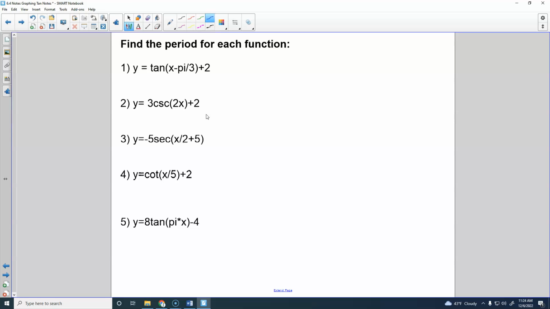So to find the period for tangent and cotangent, instead of doing 2 pi over b, you're going to do pi over b. Okay? For sine, cosine, cosecant, and secant, you're going to do the same thing we've done for sine and cosine, 2 pi over b.